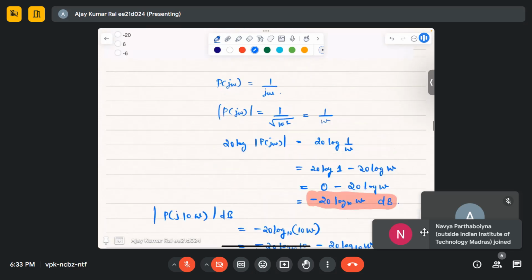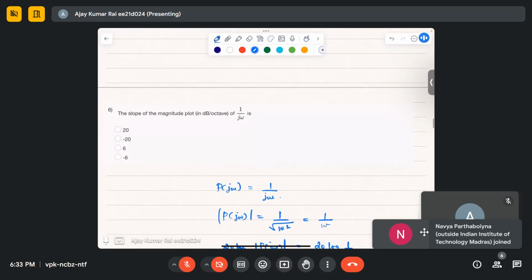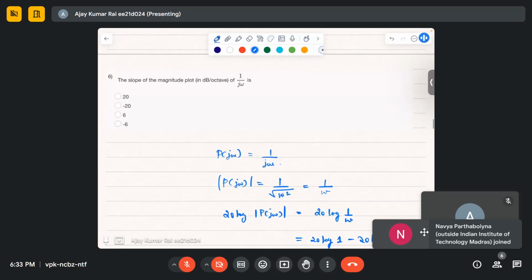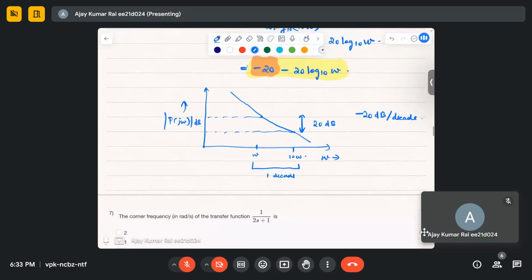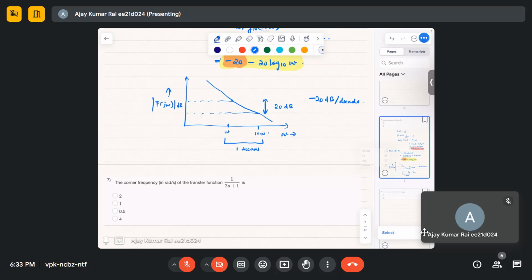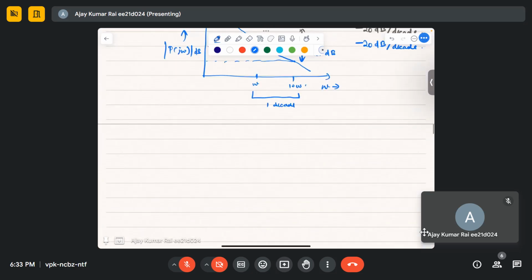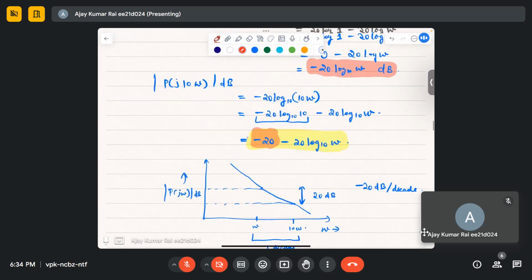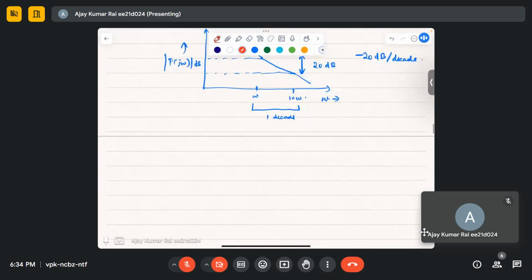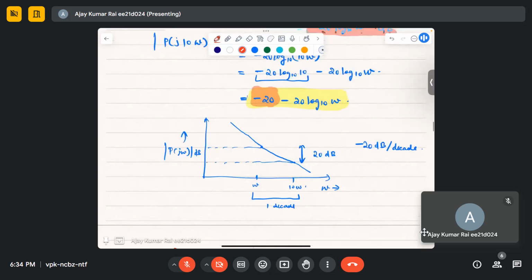They are asking for the slope of the magnitude in octave. So what is an octave here? Sorry, I have calculated for 10 omega. Now you calculate the magnitude at 2 times omega.